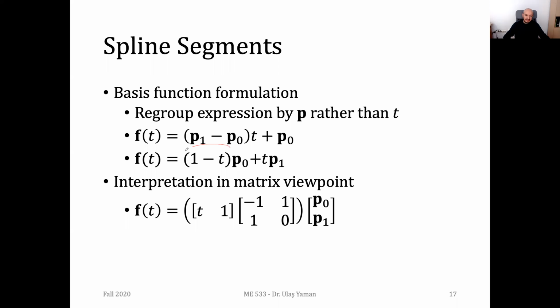This is the first basis function, B0 of t, which is equal to 1 minus t. Please keep this in mind. And the other basis function, B1 of t, is equal to simply t. And these are the basis functions. By using them, you can obtain the final representation of the spline.